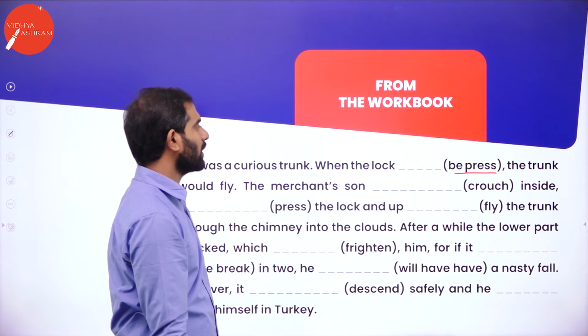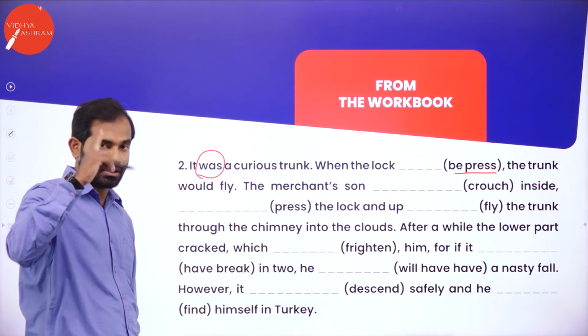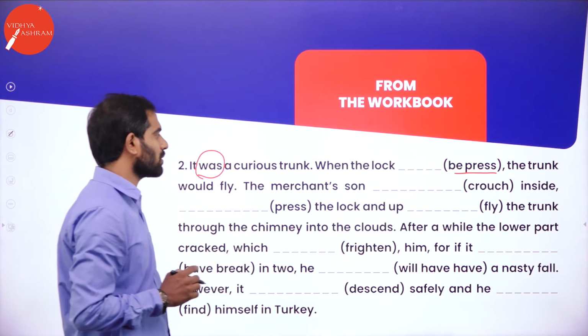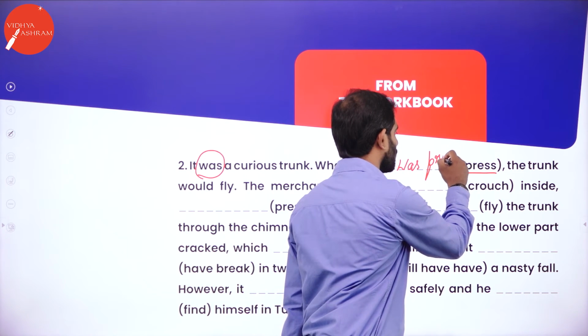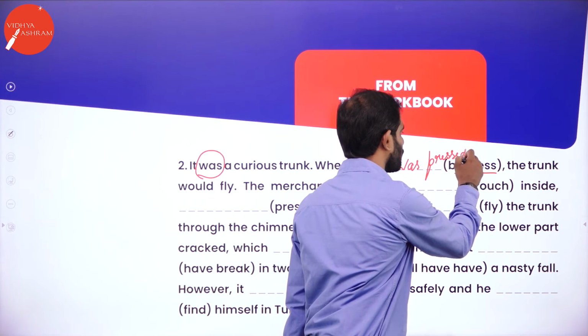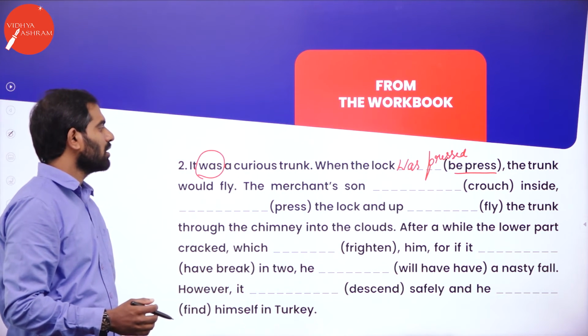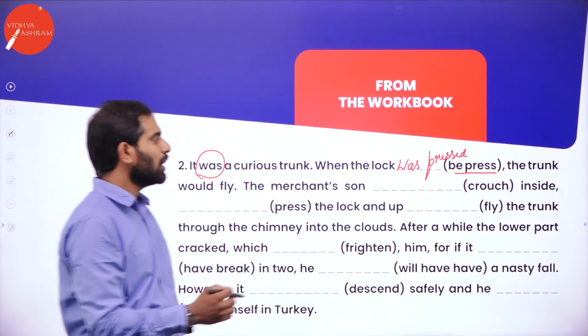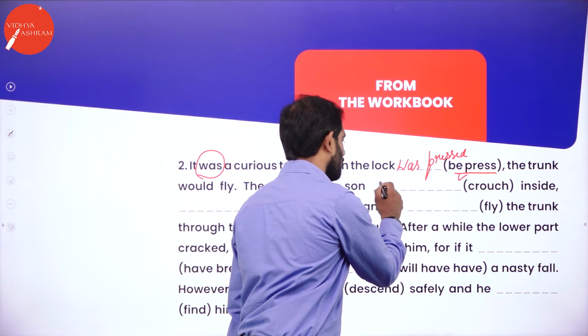The second exercise. It was a curious trunk. When the lock be pressed, when the lock was, remember it is in past tense already, when the lock was pressed, the trunk would fly. The merchant's son crouched. Now there is no auxiliary verb here.